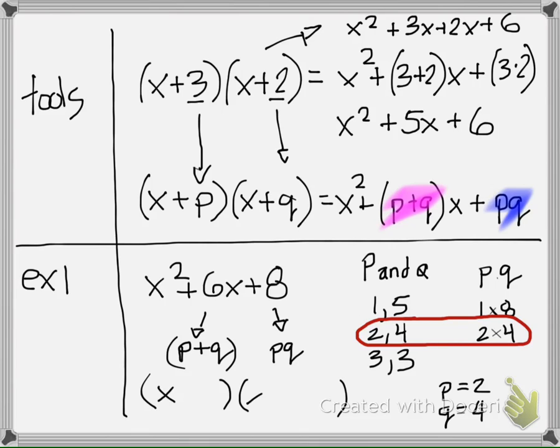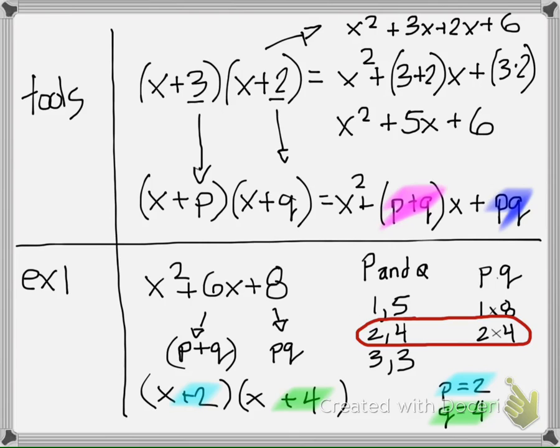So x plus 2 times x plus 4, when we multiply them together, we FOIL that, we get x squared plus 6x plus 8.